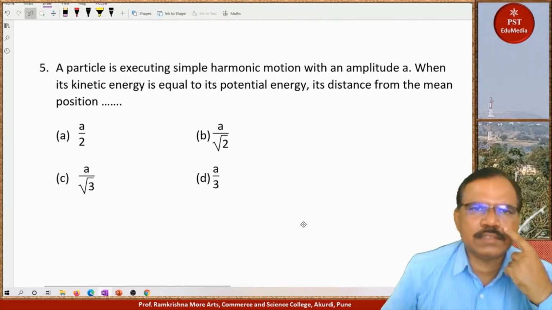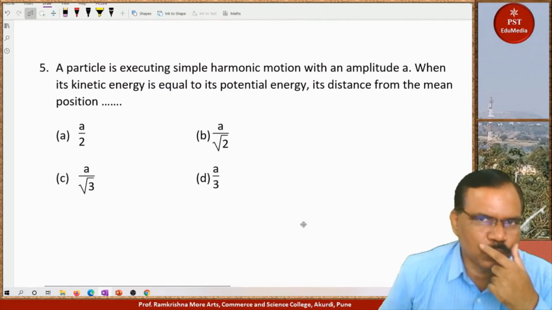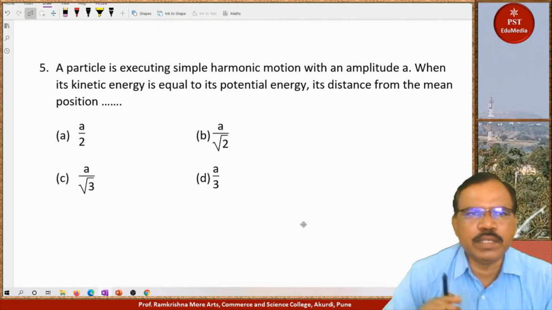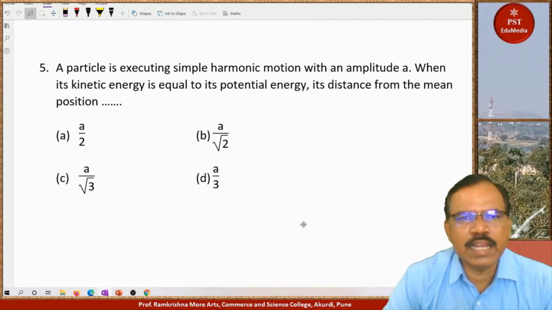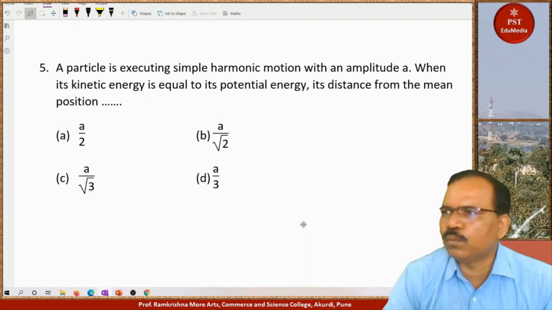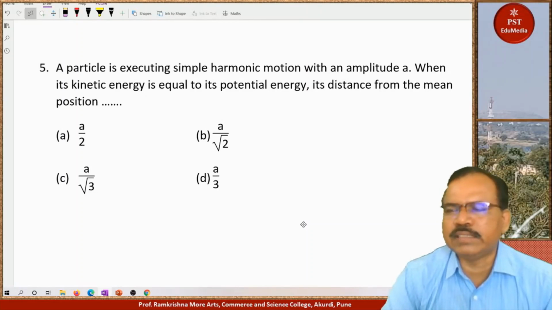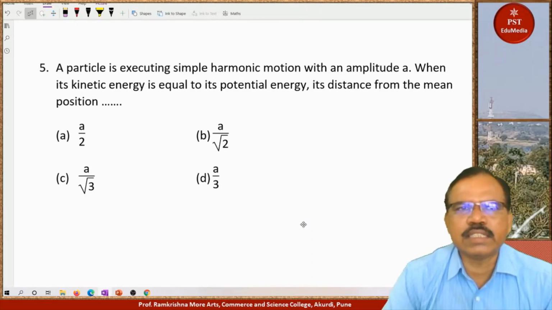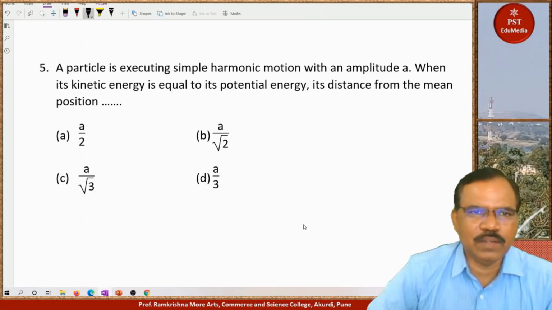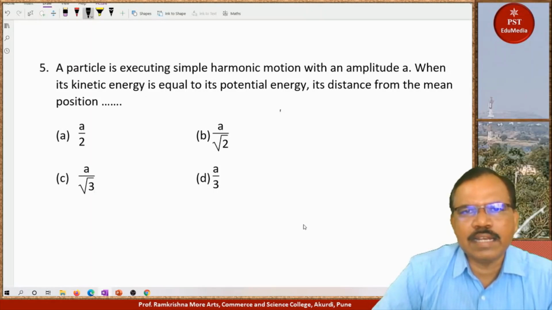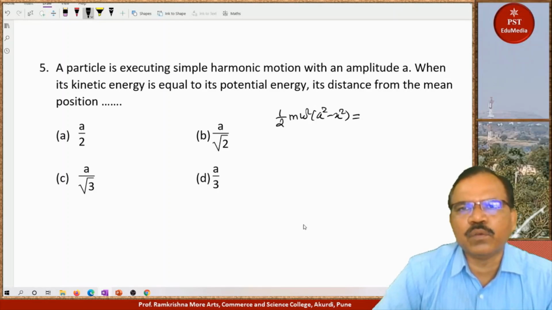A particle is executing simple harmonic motion with an amplitude A. When its kinetic energy is equal to its potential energy, its distance from the equilibrium position is? We have already seen kinetic energy, that is 1/2 m omega square (a square minus x square), and we have to equate this to potential energy.